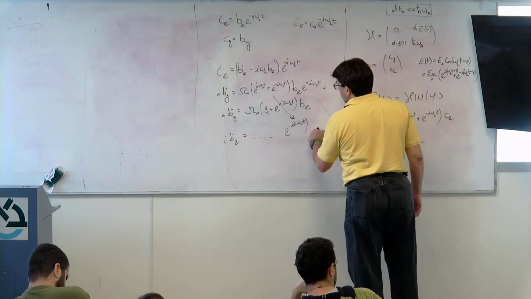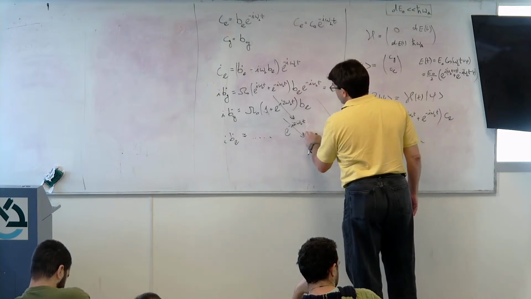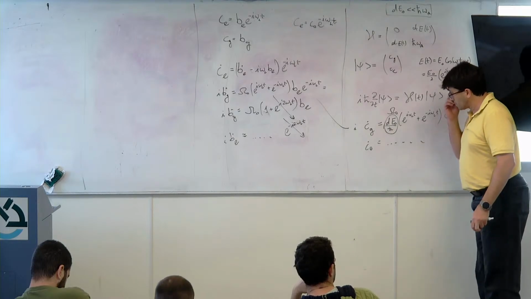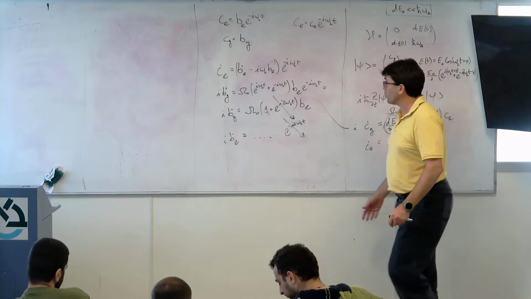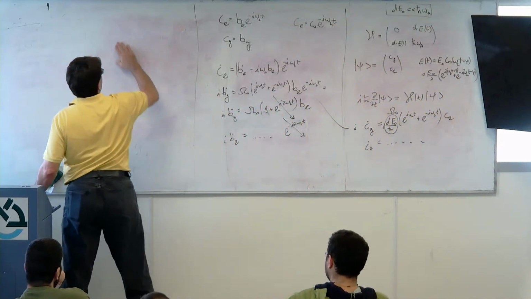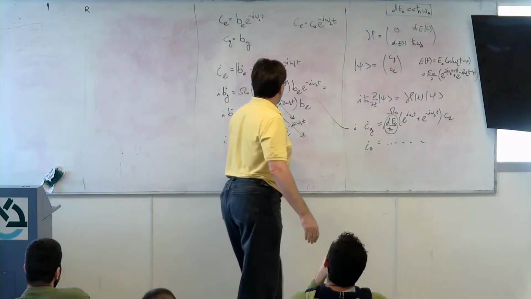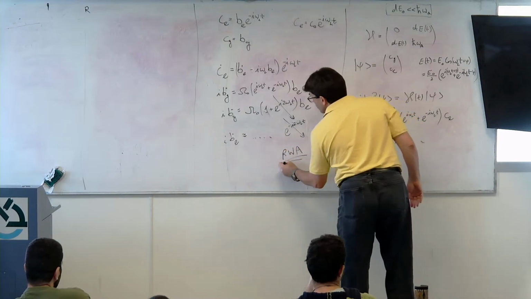And this is the term that we throw away. And again, we enjoy the same trick. So we did that, and we found that throwing those away is the rotating wave approximation.